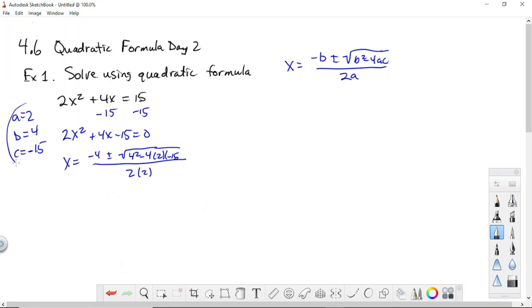Here they are, a, b, and c, so I was just using those as I plugged in. Now we simplify.